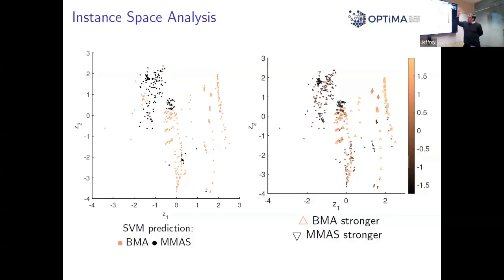So the way we've combined the two support vector machines for this plot is, I won't go into too much technical detail, we're looking locally at which of the support vector machines is more confident that the algorithm it's representing is going to get a good result.